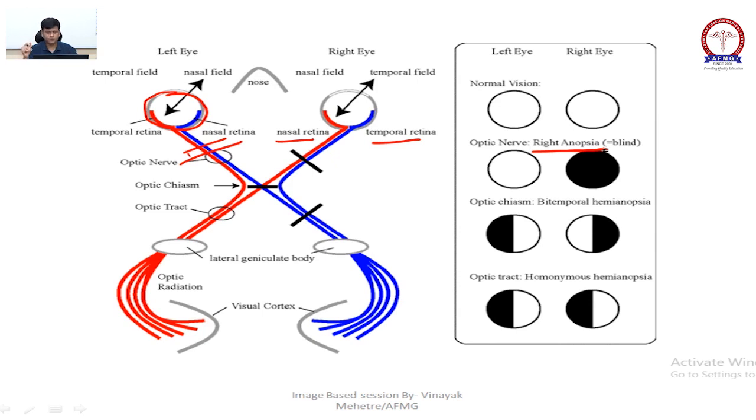Now, optic chiasma. If there is a tumor, this pituitary adenoma, because the pituitary is situated near the optic chiasma, if there is a tumor, see what is happening now.